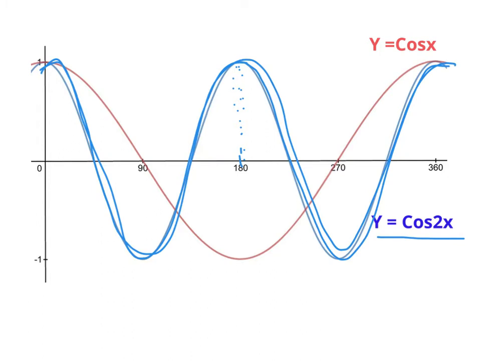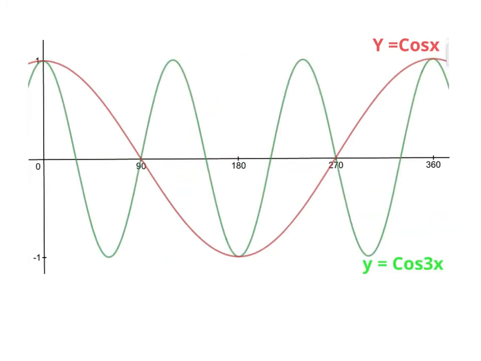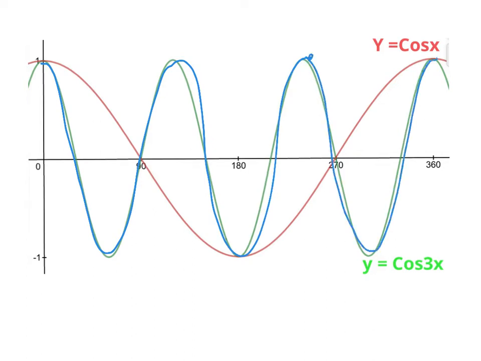Let's have a look at another one. So here's y equals cos x again in the red, along with the cos 3x graph in green. So using the green one, there's one graph there. There's 2 graphs finishing here. And then there's my third graph finishing there. So I've now got 3 graphs squeezed in between 0 and 360.